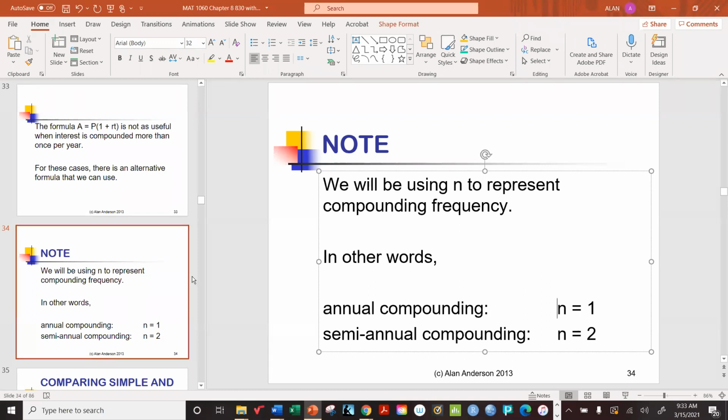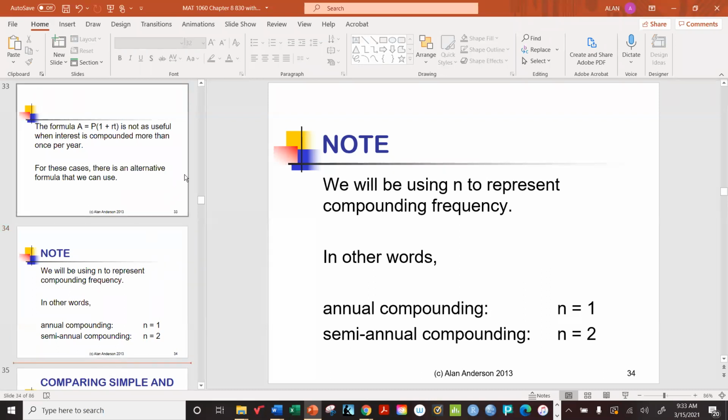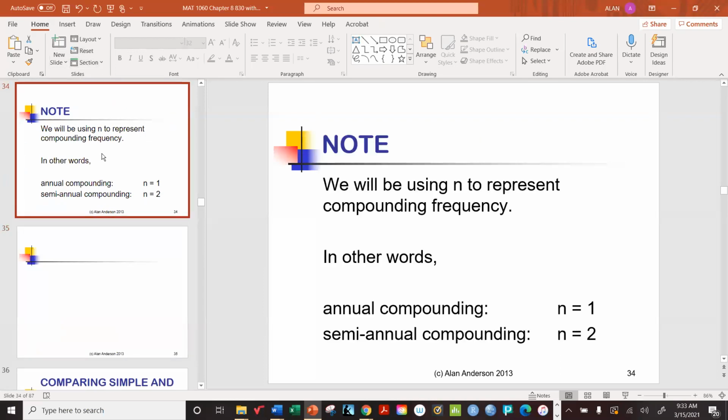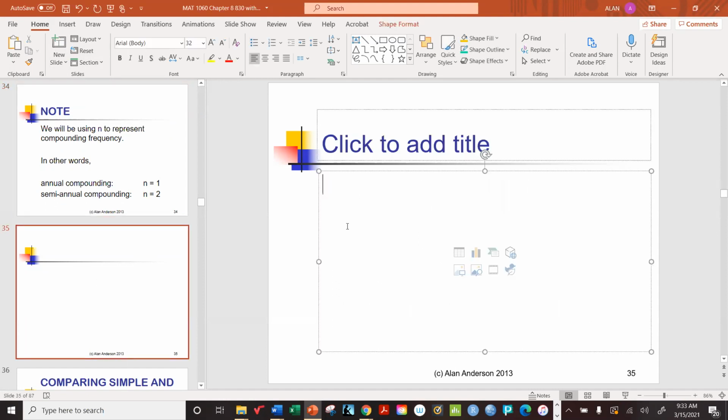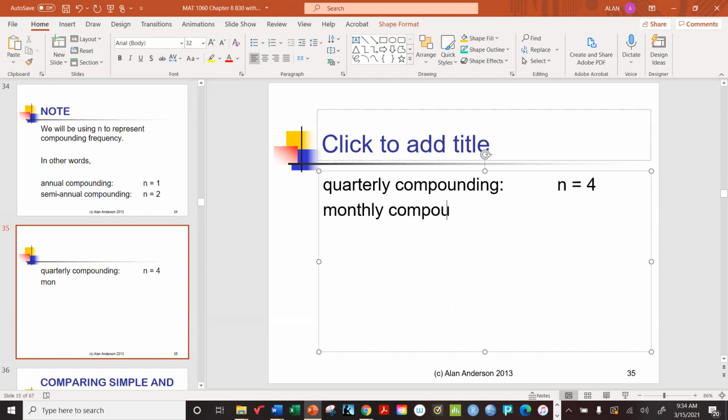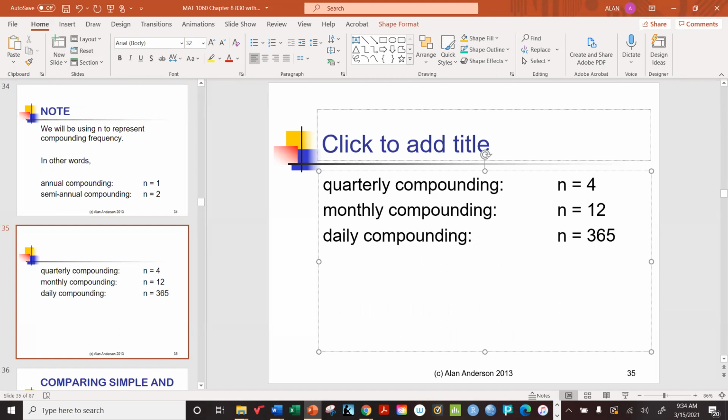Okay, so you can probably guess what's coming next. All right, so if annual means N equals 1, if semi-annual, N equals 2, that implies that with quarterly, N equals 4, and monthly compounding, N equals 12, and then finally for daily compounding, N is 365.